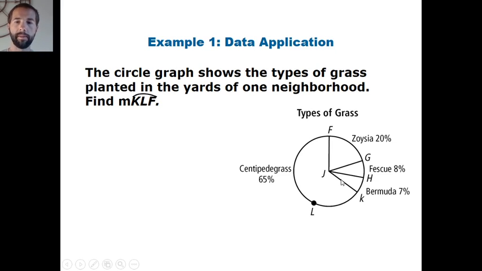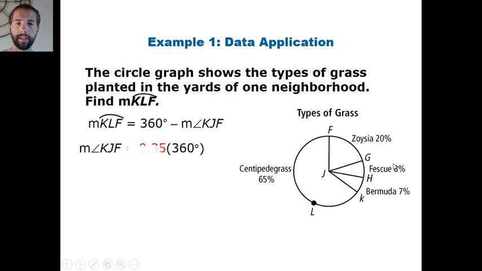So now what we need to think about is an entire circle is 360 degrees, but these aren't given in degrees, they're given in percentages. So we need to figure out what percent of the circle do these 3 arcs take up. So first off, we can add them together. 20% plus 8% plus 7%. That's going to give us 35%.